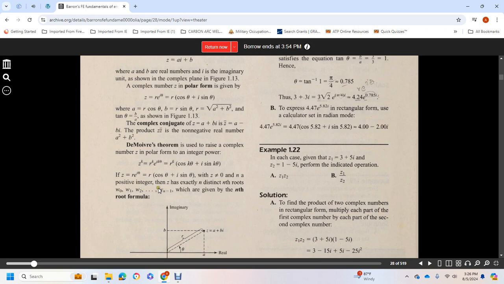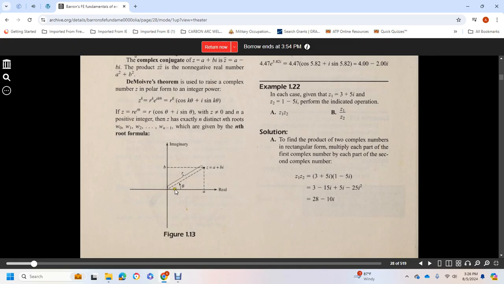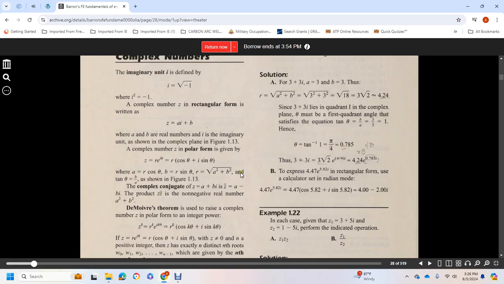W sub 0, W sub 1, W sub 2, up to W sub n minus 1, which are given by the nth root formula. Figure 1.13 shows the imaginary and the real axes, with a, b, and z equal to a plus bi in rectangular form.